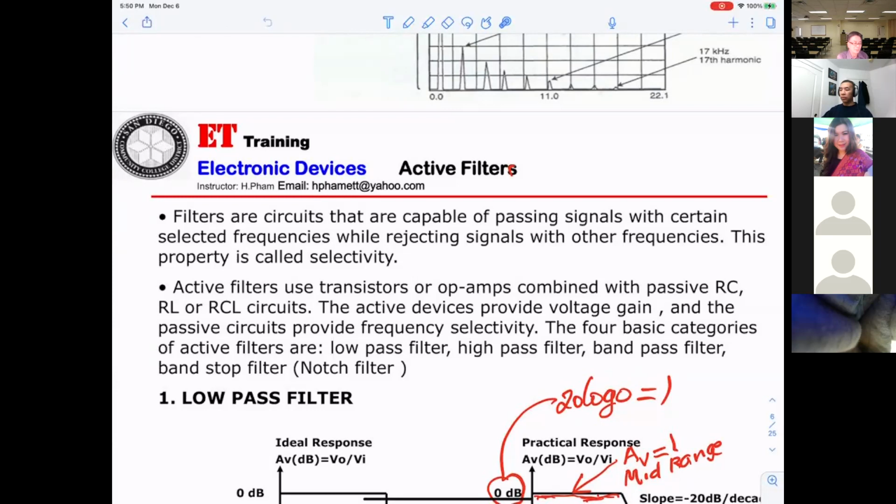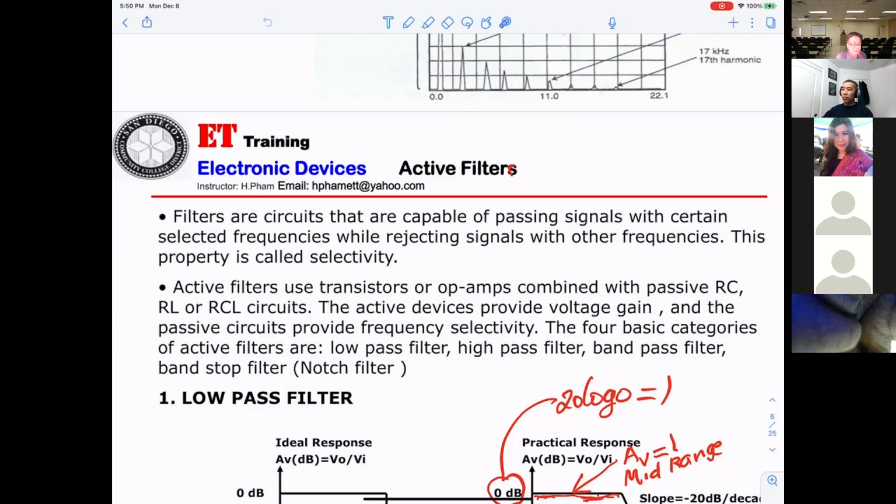However, the passive circuit, that means RC, RL, RCL, gives you the frequency selectivity. That means whatever frequency is coming out from RL, RC, RCL.